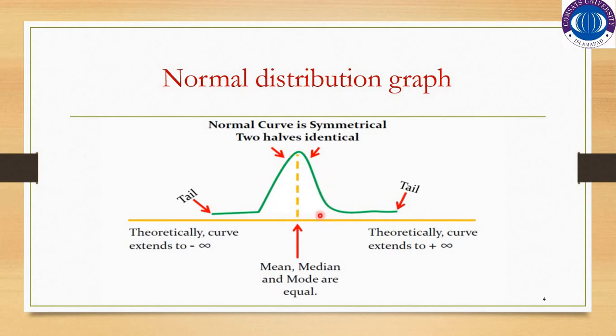The total area under the curve is 1. Mean, median and mode are equal. These are the tails of this curve, and theoretically the curve extends to minus infinity on the left side and to positive infinity on the right side. So this is the shape of the normal distribution, and this is the way we represent it.